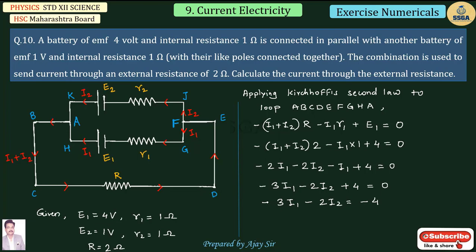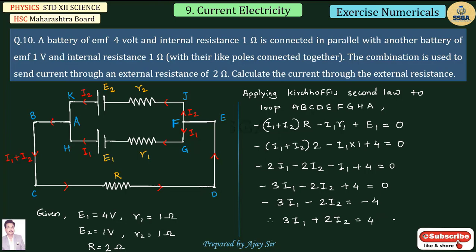Since both sides have negative signs, we can multiply by minus 1 on both sides. Then the left-hand side becomes plus 3 I1 plus 2 I2, which is equal to 4.